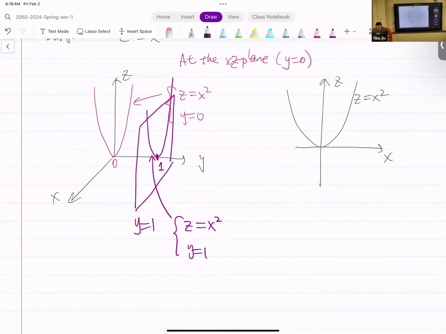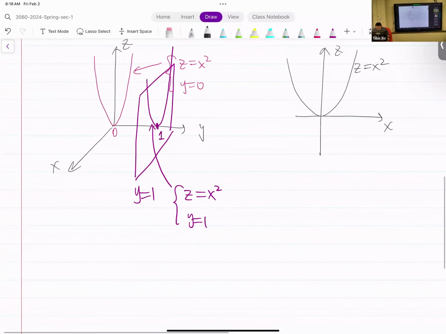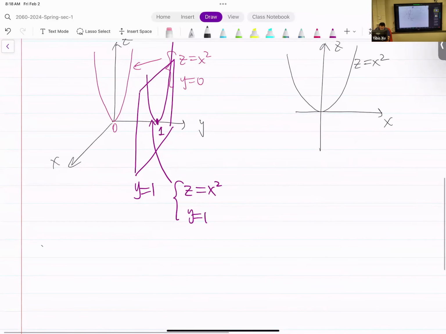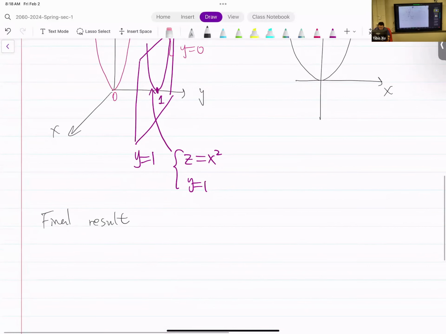So this is exactly the kind of cylinder kind of a surface. Final result. So basically, on the horizontal direction, it's always a parabola opening upwards, okay, in terms of x and z.